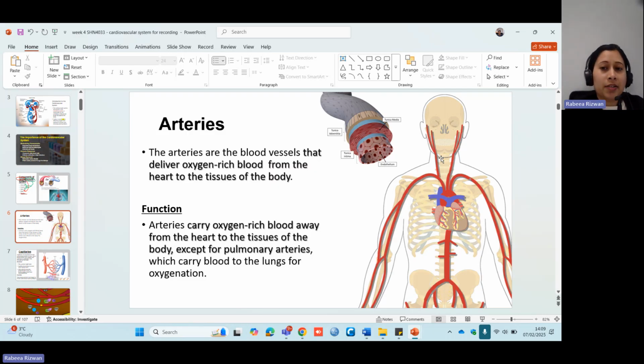Hemoglobin contains iron, and it is in the red blood cells, RBCs, which have the capability to attach oxygen to it. In this way, they transport oxygen to different cells of the body by circulating throughout. So that's the function: they carry oxygenated blood from the heart to different parts of the body. All arteries in our body carry oxygenated blood except one, and that is the pulmonary artery.